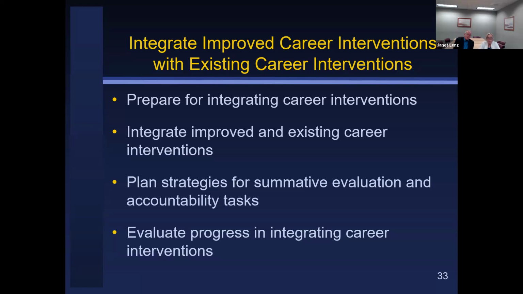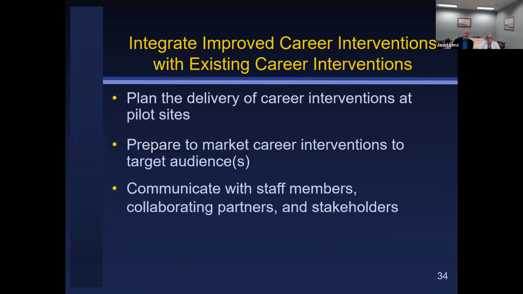Now we're going to look at some strategies for summative evaluation and accountability. This is where those get planned early on. And then we're going to look at how well we're doing in this integration process. And then we're going to look at pilot sites.